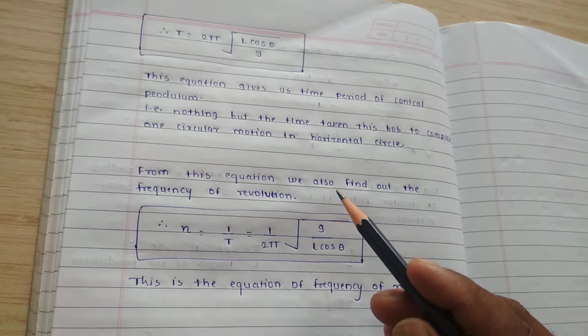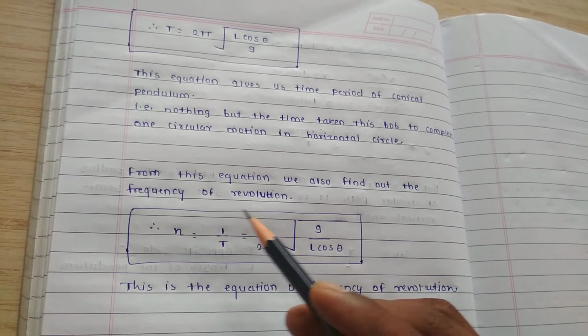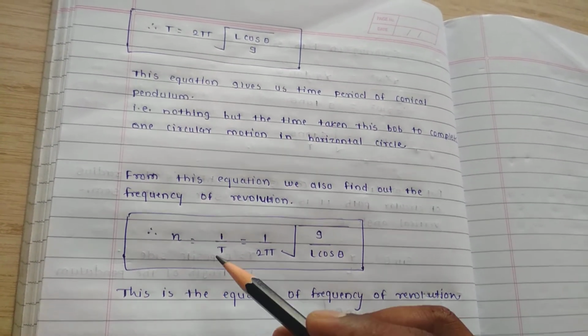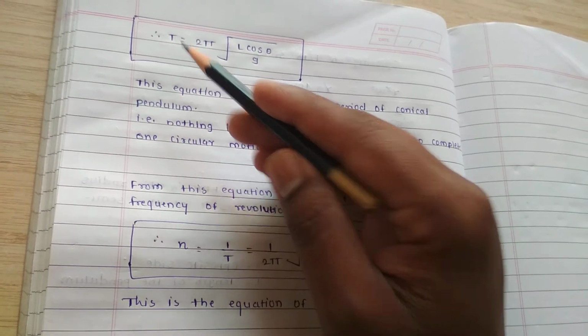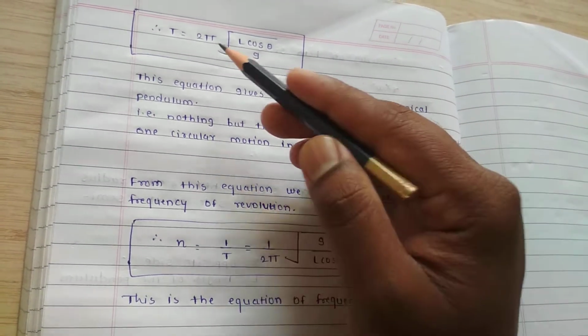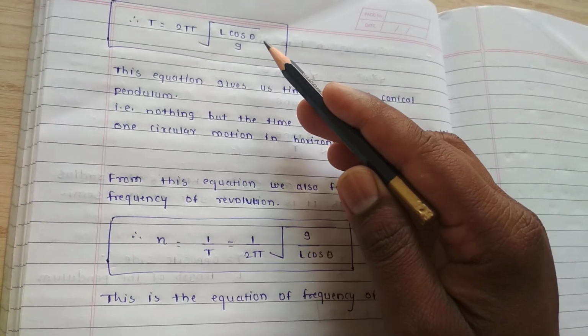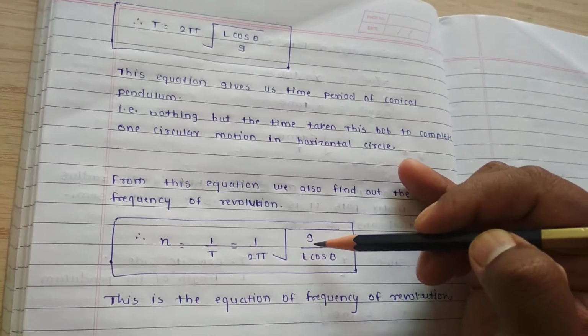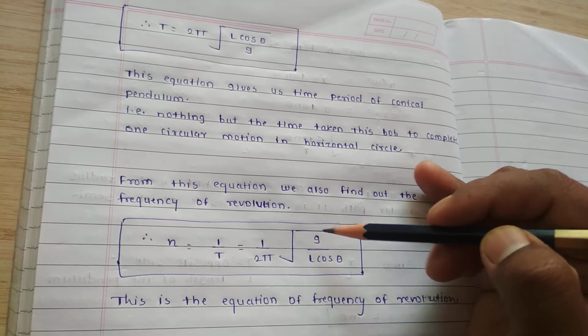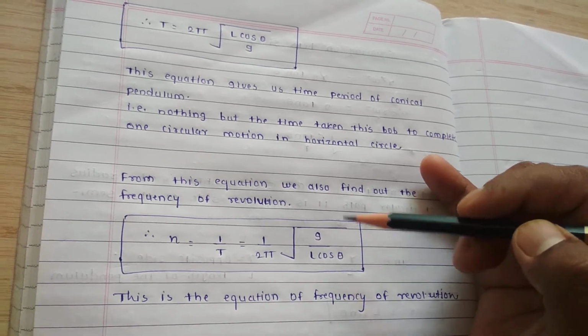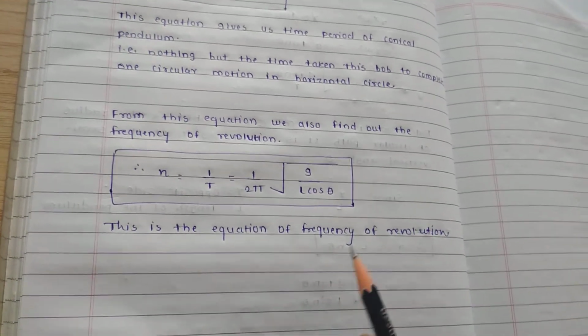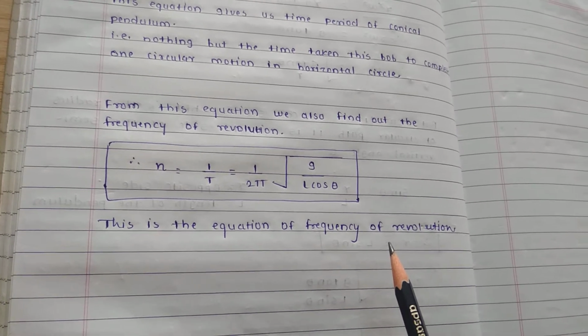So n is equal to 1 upon T, which is 1 upon 2 pi, and the reciprocal of L cos theta upon g is g upon L cos theta, under root g upon L cos theta. So this is the equation of frequency of revolution.